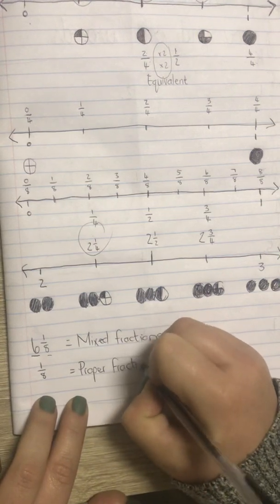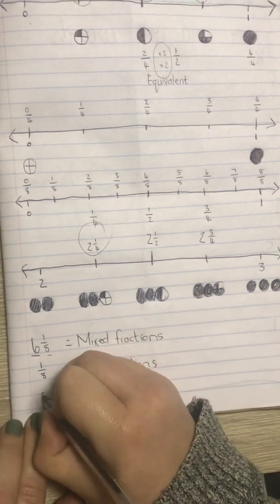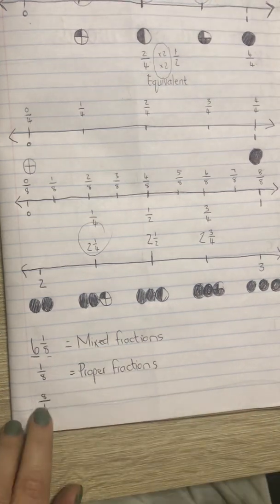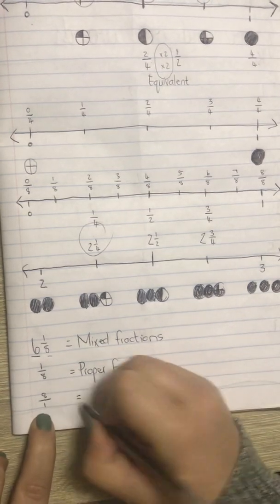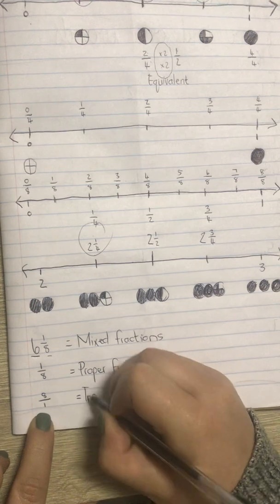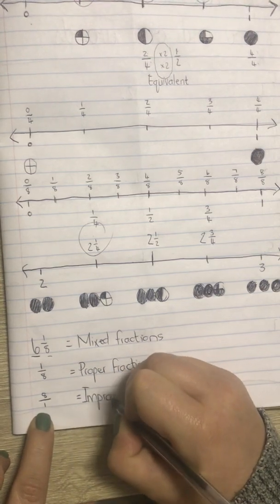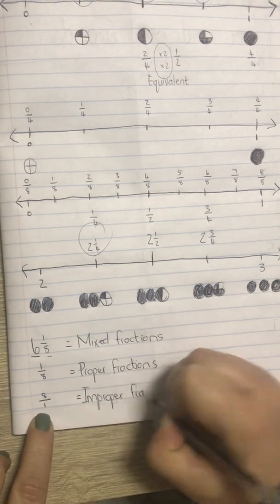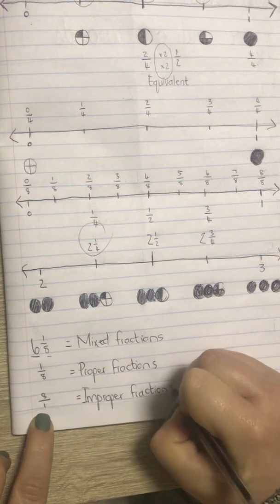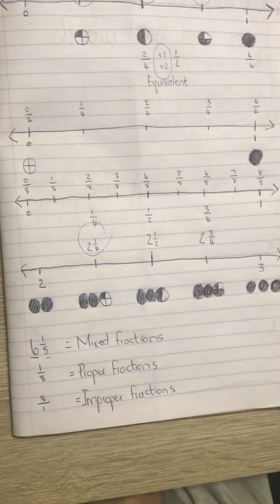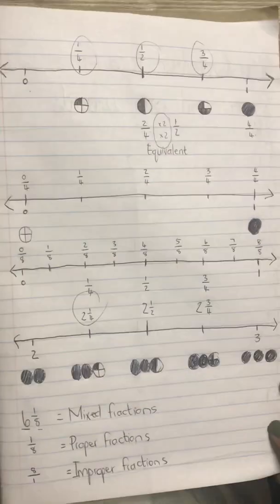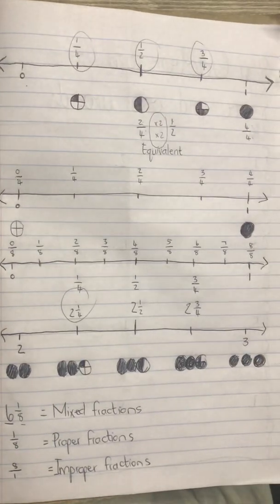And some fractions exist where the numerator is bigger than the denominator. And these are called improper fractions. Okay, this is just a little tidbit. You don't need to know that. I just wanted to broaden your horizons a little bit when it comes to fractions.